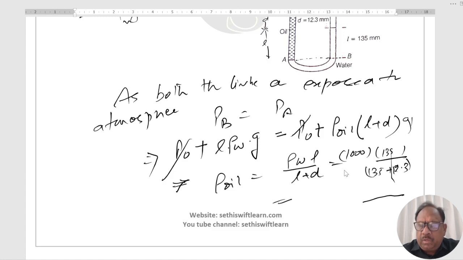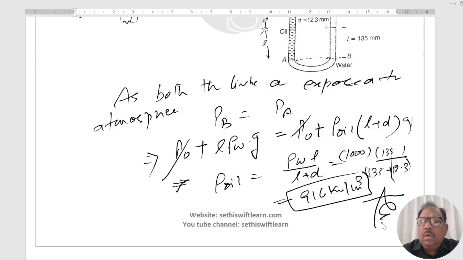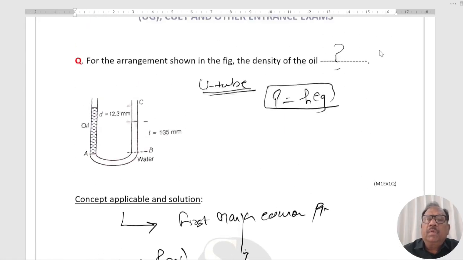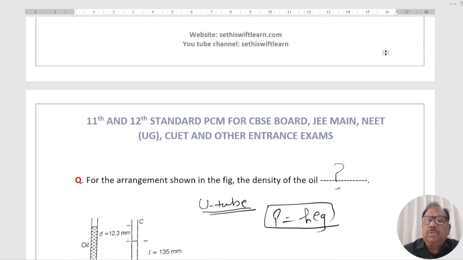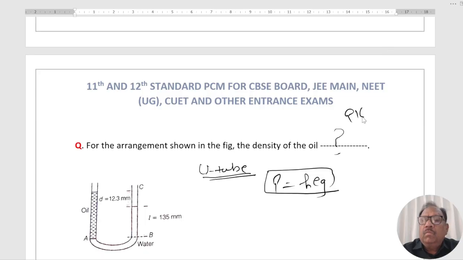On simplification, this comes out to be 916 kg per meter cube. This is the answer. Fill in the blanks will be 916 kg per meter cube. Right?